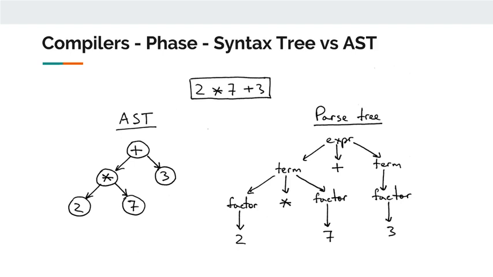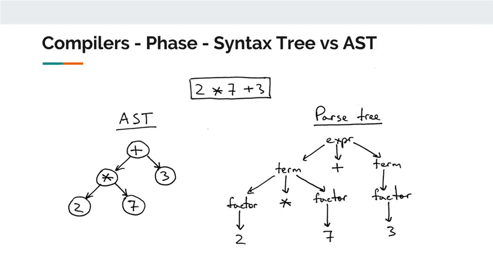The operation we are trying to run here is 2 multiplied by 7 plus 3. And if we run this inside our compilers, most of the time the parse tree is directly generated from the grammar, the Backus-Naur form I referred to earlier. So you usually have all of this information hiding in, which will be the overall 2 multiplied by 7 plus 3 will be an expression.